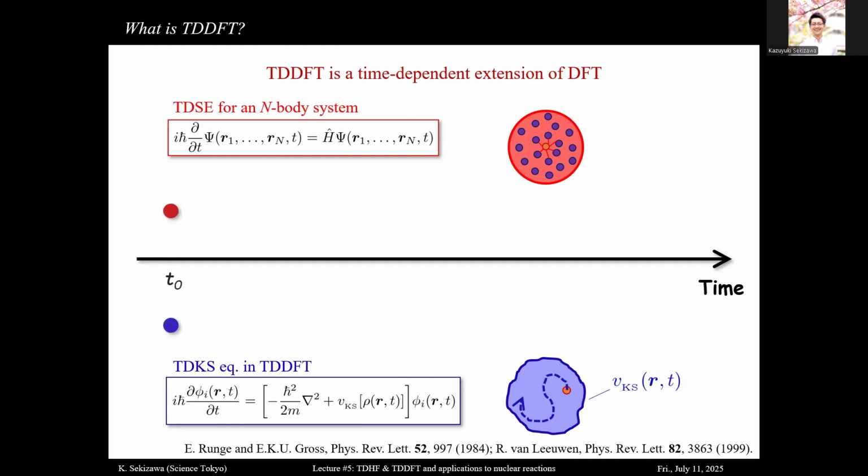So starting from some initial state at T0, according to the Hohenberg-Kohn theorem or static principle of density functional theory, the Schrödinger equation and the Kohn-Sham equation can be connected. The solution of the Kohn-Sham equation can be the same as the solution of the many-body Schrödinger equation if we have the exact energy density functional.